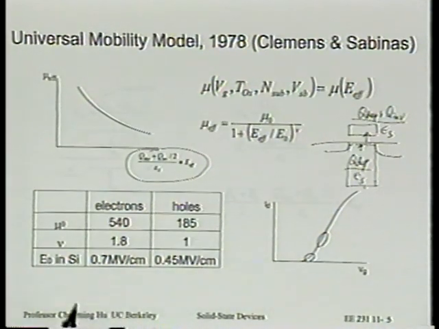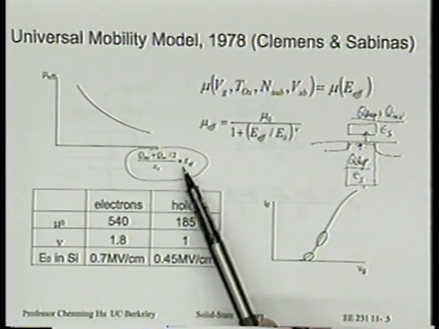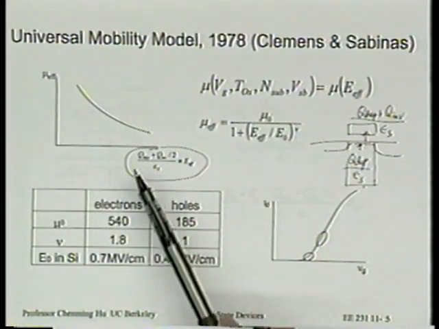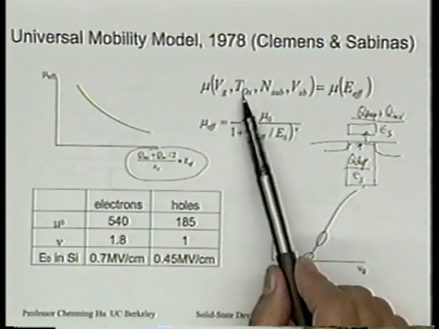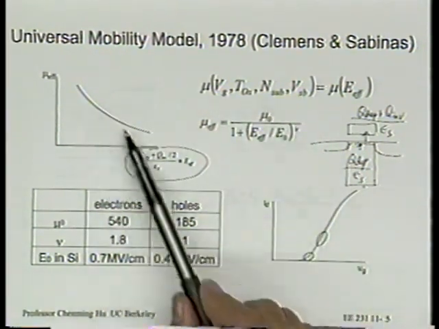So in hindsight, it kind of makes sense, although there's really no more explanation than that. It's just an empirical observation. Empirically, it was found that if you calculate this, calculate that, add the two together, divide by epsilon, and plot mobility versus that, it doesn't matter what Vg you use, what Tox you use, what doping concentration you use, or what V sub you use, you get one simple curve.